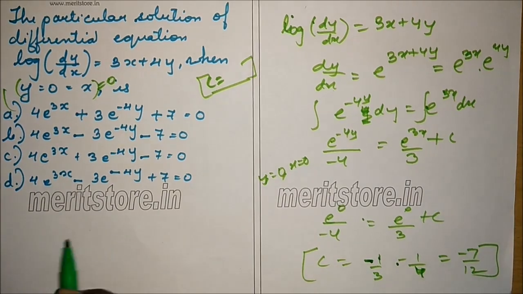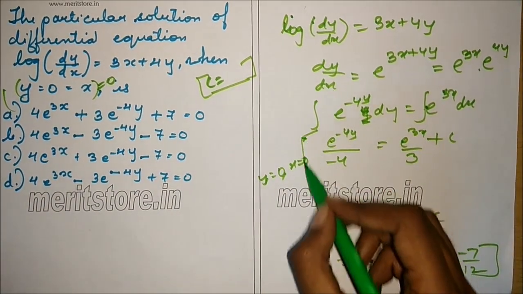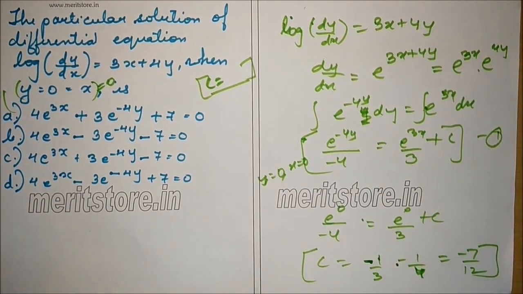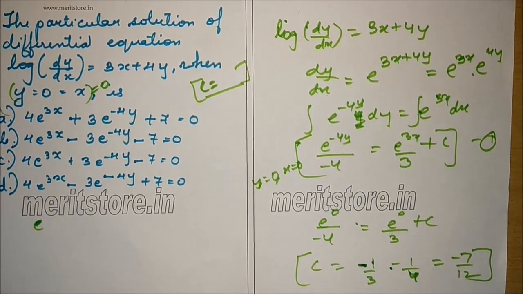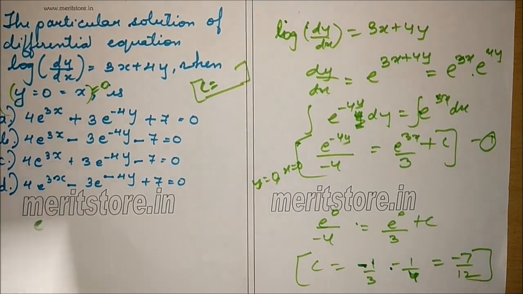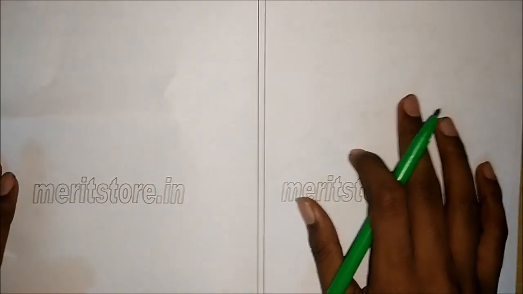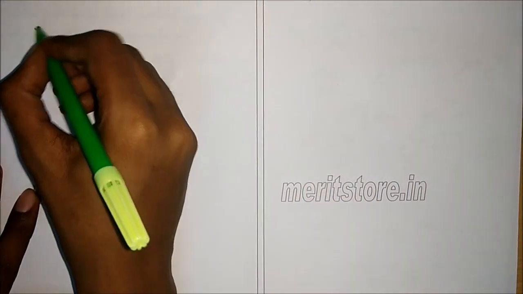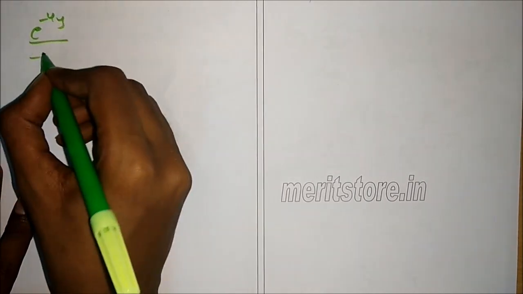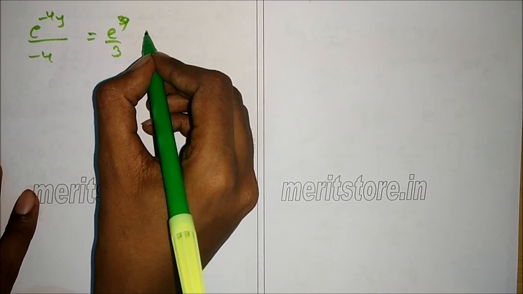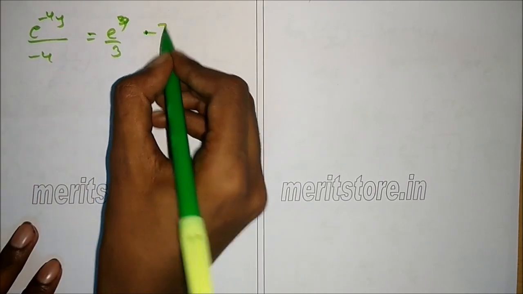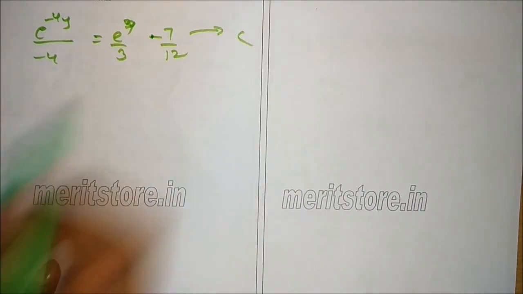So we substitute it here in equation 1. So this will be e raised to minus 4y by minus 4 equals e raised to 3x by 3 minus 7 by 12, that is c.